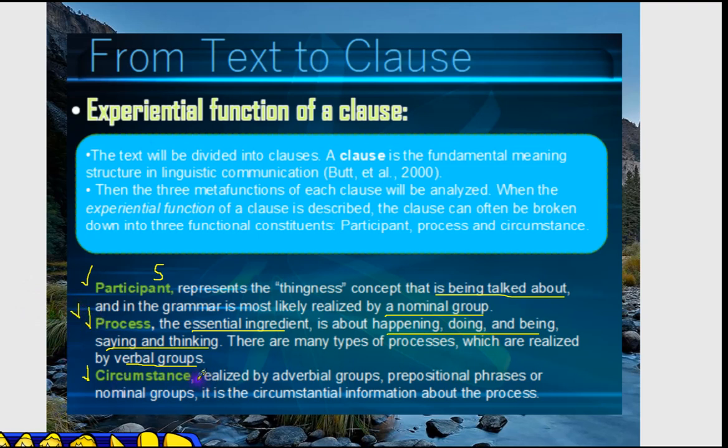Now, circumstance, realized by adverbial groups, prepositional phrases, nominal groups. It is circumstantial information about the process. So if we say subject verb, of course, here we have the complement or the predicate. That's basically how you should analyze this in order to understand it better.